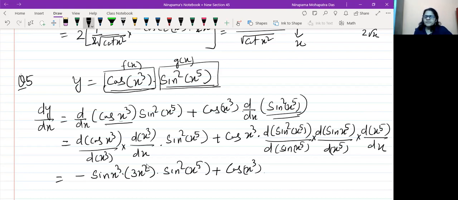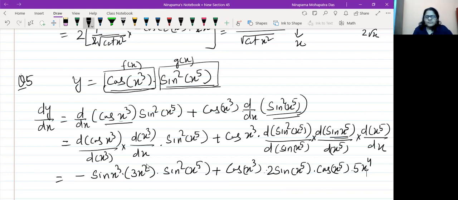While taking the derivative of sin square x to the power 5, you can write the derivative of sin square x to the power 5 with respect to sin x to the power 5. Sin square is a function of sin, into derivative of sin x to the power 5 with respect to x to the power 5. Now x to the power 5 is a function of x, so the derivative of x to the power 5 with respect to x. So the derivative of cos x cube with respect to x cube is minus sin x cube, x cube with respect to x is 3x square, into sin square x to the power 5, plus cos x cube. The derivative of sin square x to the power 5 with respect to sin x to the power 5 is 2 sin x to the power 5, the derivative of sin x to the power 5 with respect to x to the power 5 is cos x to the power 5, and the next one is 5x to the power 4.